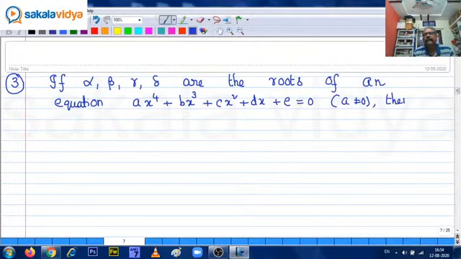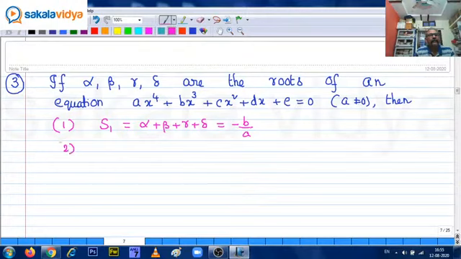Then the first point, what is the first point? S1 is equal to alpha plus beta plus gamma plus delta. Very simple, that is minus b by a.